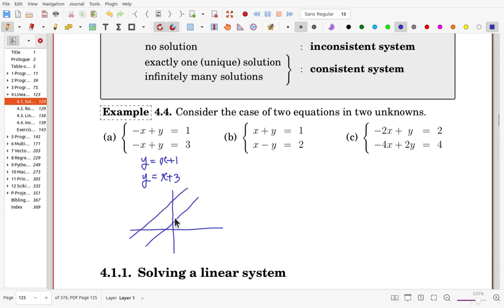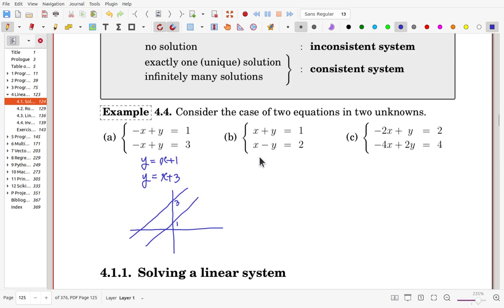There's 1 here, and there's 3. The slope is 1 for both equations, so the graphs never meet each other. The solution would be the intersection of the two lines, but these two lines are not meeting each other, so there's no solution.